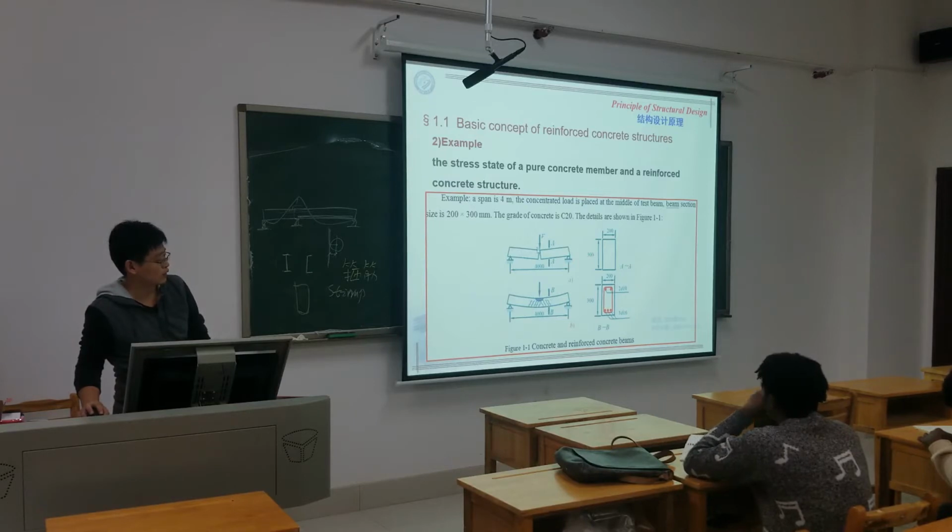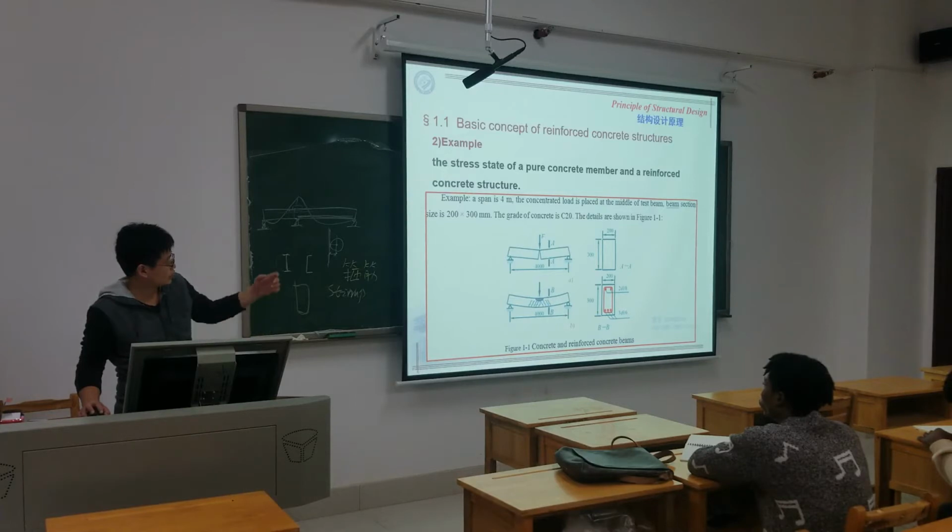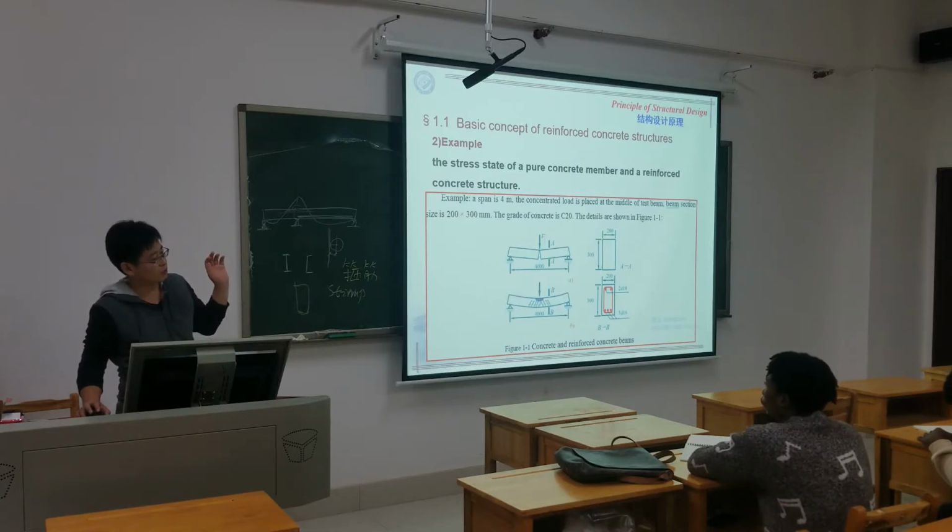It's quite different from this one. So we call this a brittle failure, and this is a plastic failure. Actually, these are two different failures. The first one happened suddenly, and you have no time to save it or to repair it.